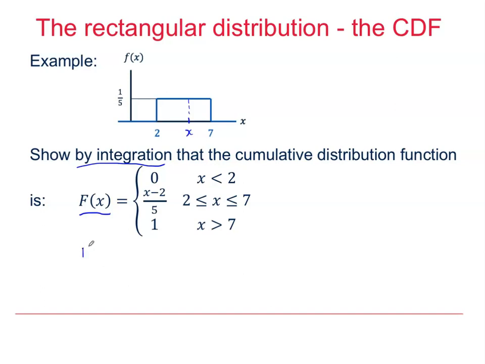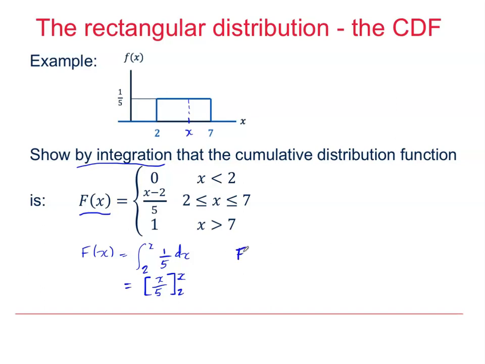So here we are then, F of x is going to be the integral from 2 up to x of the PDF, which is 1/5, with respect to x. That's going to give us x over 5 evaluated between the values x and 2.